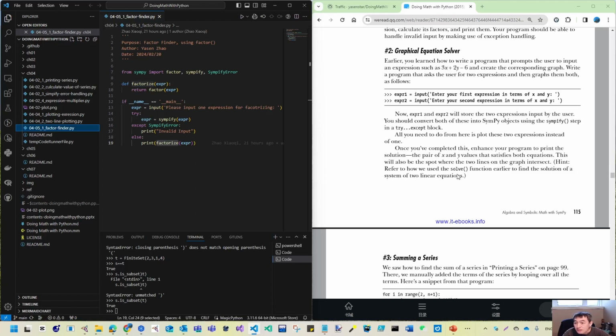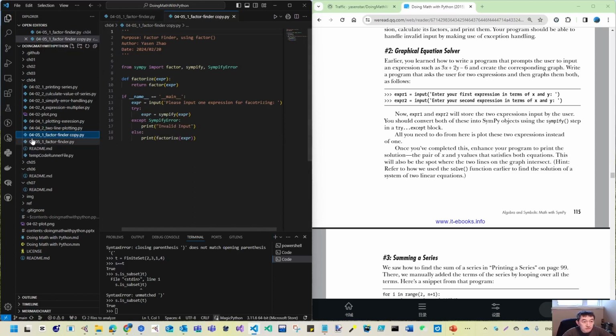We will use the solve function from earlier to find the solution of a system of two linear equations. So let's do this from scratch, well, not fully from scratch. We use this 451 as our base. So let's change that to graphical equation solver.